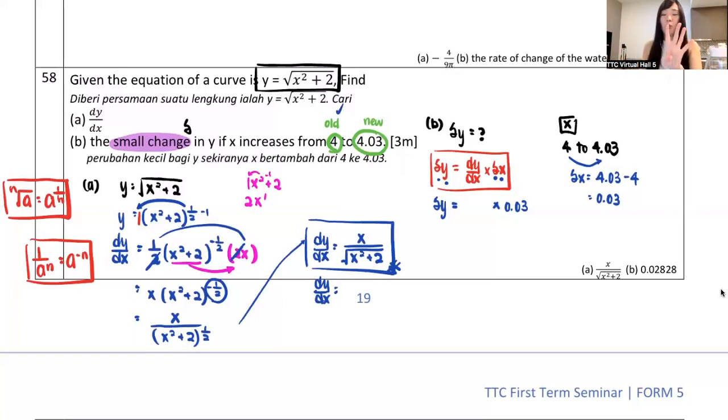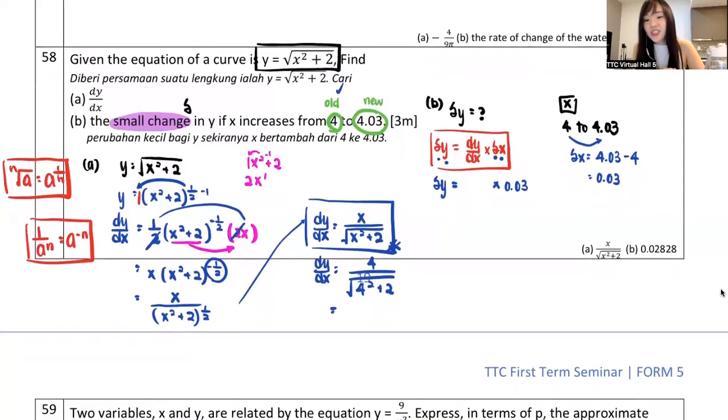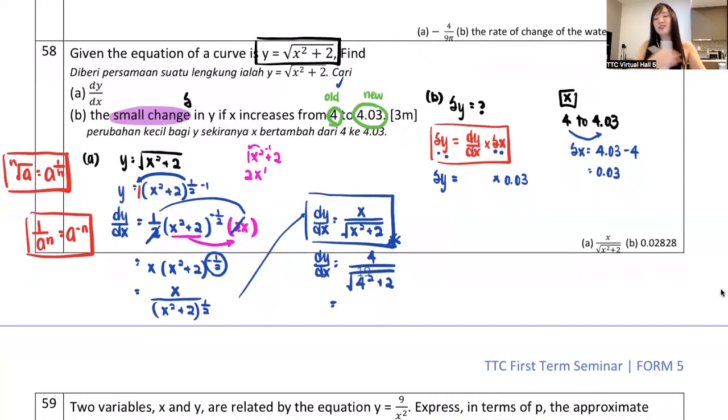The original one is always 4, but the new one can be some other random number. So that's why you always substitute the original one. The old one now is 4, so please substitute 4 inside. Must substitute the old one, okay? If you substitute 4.03, you couldn't get the answer and you won't get the marks.